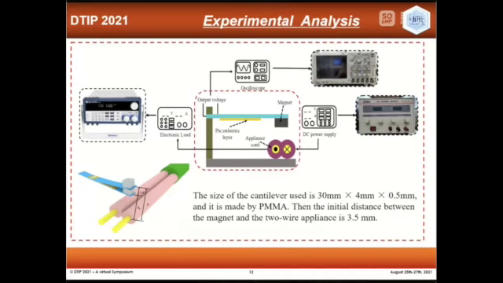However, in the simulation result, the output voltage increases nearly linearly with the magnetic induction, whereas in the experimental results the output voltage does not increase completely linearly as the magnetic induction increases.